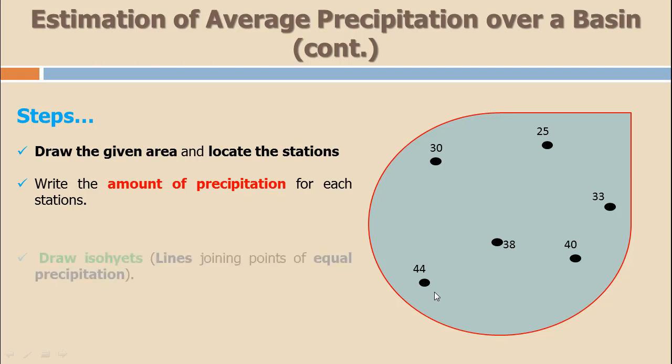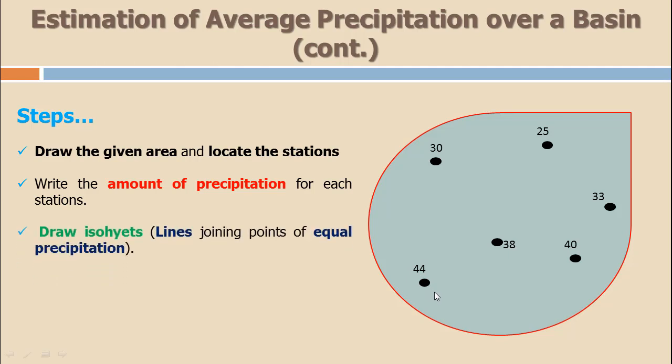The next step is to draw isohyets. Now in this area we have only 6 points whose precipitation values are known. We will interpolate between these points throughout the area, and by interpolation we will find different points in this area whose precipitation will be calculated. Like these are 2 points, 44 millimeter and 30 millimeter.